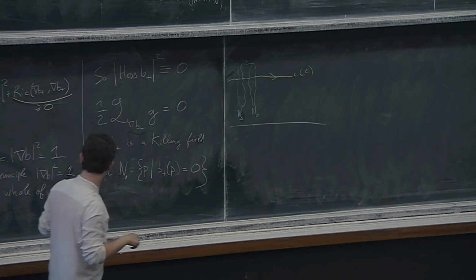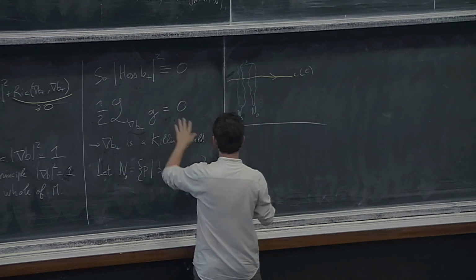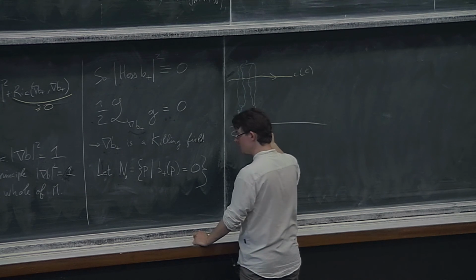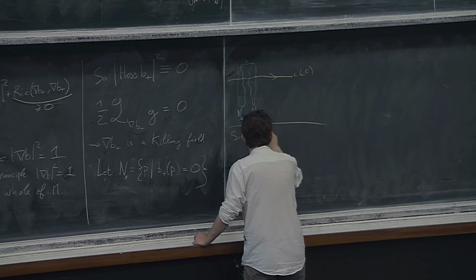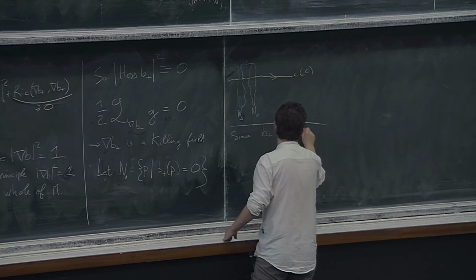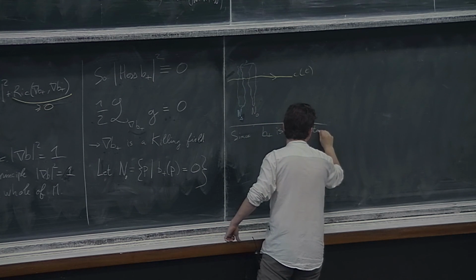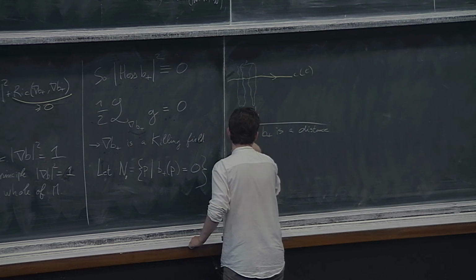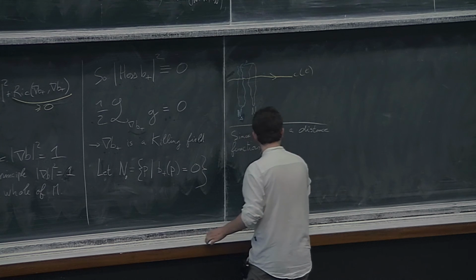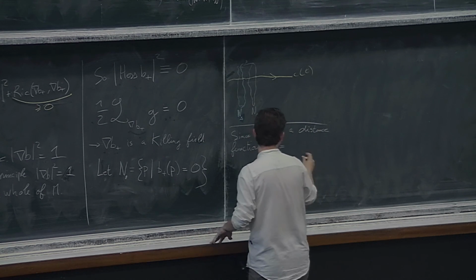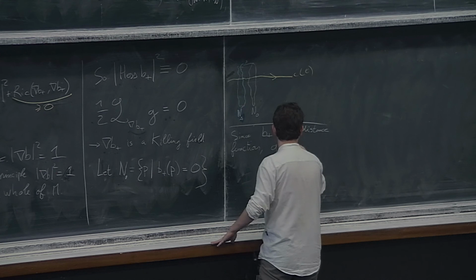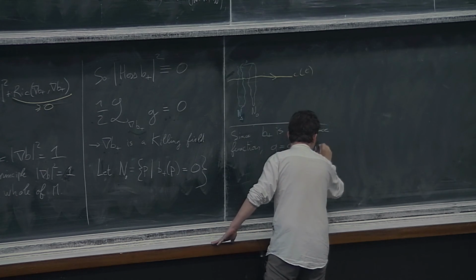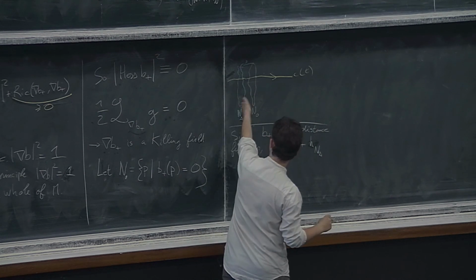Basically, what's going on is, since b plus is a distance function, then g can be written as, let's say, ds squared plus some metric h on each of the level sets.